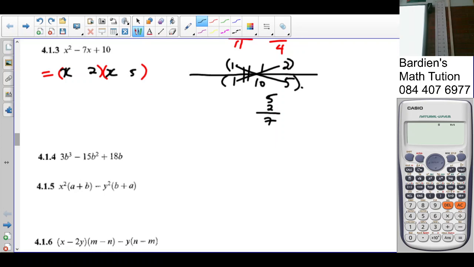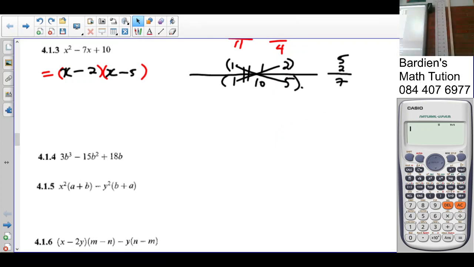Why? The last term is positive. Whenever the last term is positive, the signs will always be the same. So it's negative times a negative in this case. It's going to be positive. It will take the sign of the middle term. You all okay with that? Okay.